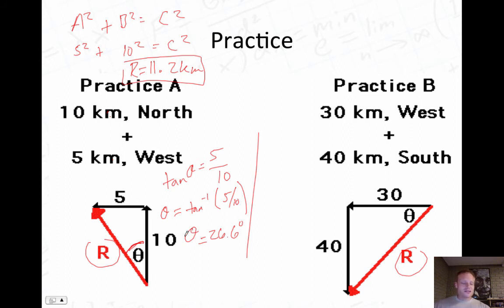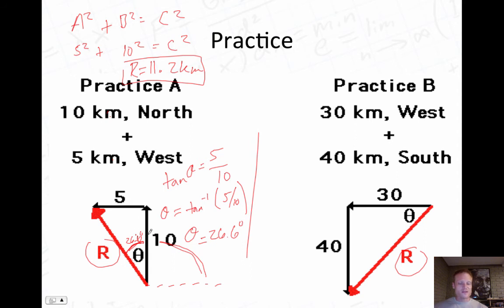Okay. Now here is the tricky part. That is not really the resultant's displacement, because remember, this angle here is from this line going up and down. So this is 26.6 degrees, I don't disagree. But remember, we are measuring our resultants from due east, right? And so I need to add this piece into this answer.